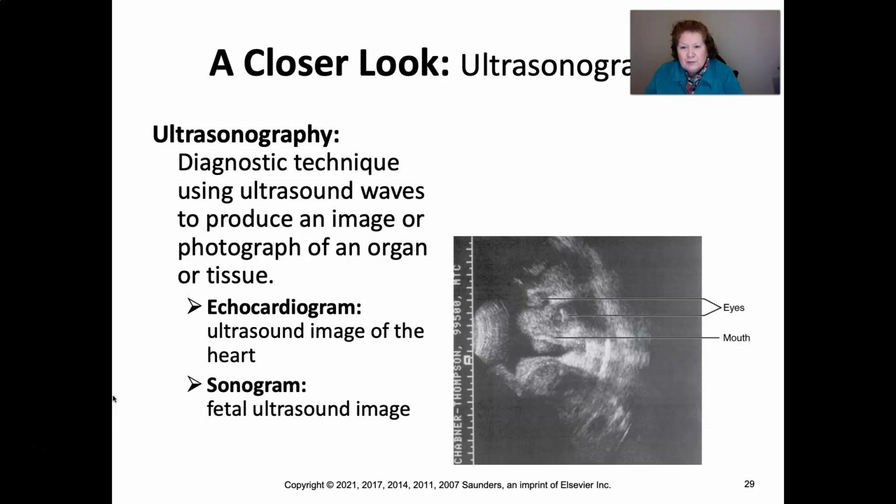It gives you an idea of what's going on with whatever you're viewing. We will cover more about ultrasonography in week 2 when we talk about radiology and nuclear medicine with oncology. So we'll get into some of that there.